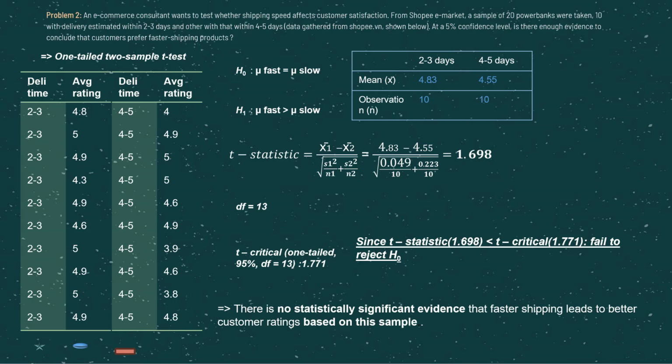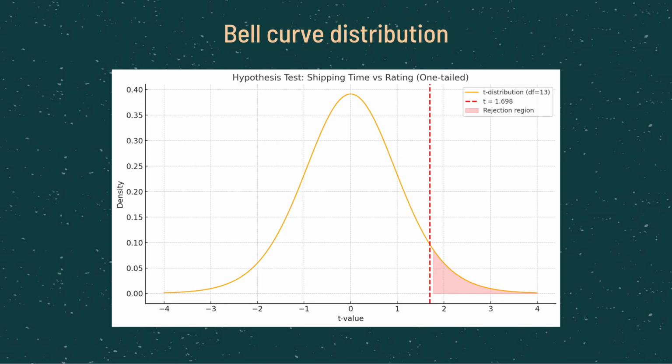And let's turn to problem 3. Here's the bell curve distribution for you, and you see here that our t statistic value does not fall in this rejection region, so we cannot reject the null hypothesis.